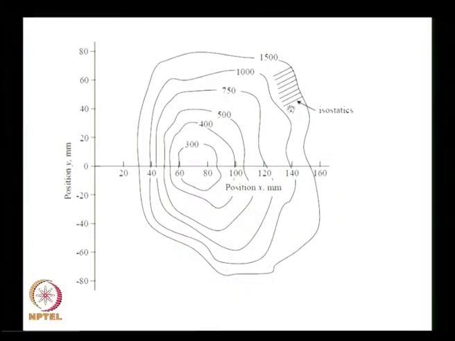Let us look at a sample isostatic data. What I have here is for different loads from 300 newtons, 400 newtons, 500 newtons, you had these isostatic curves obtained, and these are shown. Typically you will have a crack pattern like this, and you join only the end of these cracks.